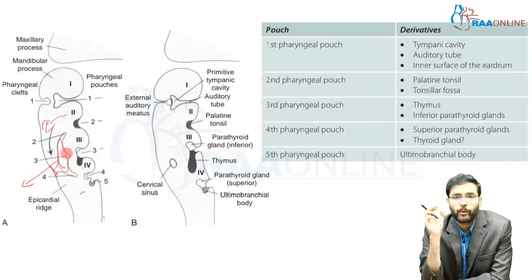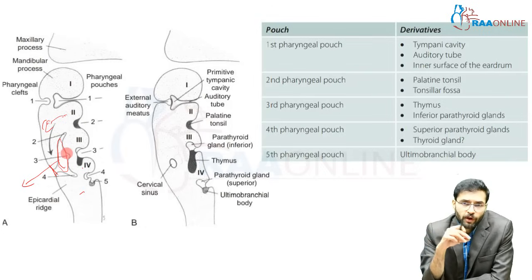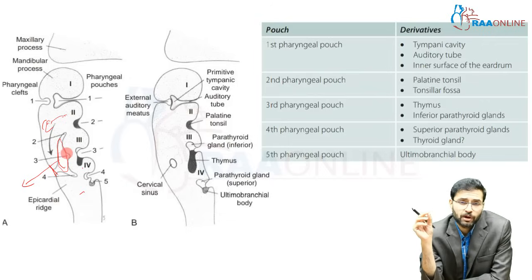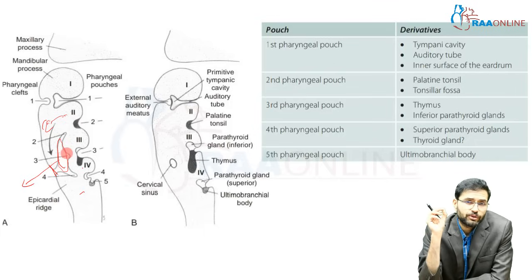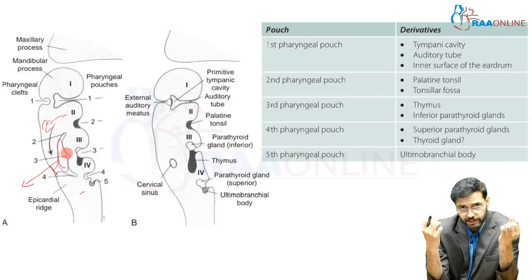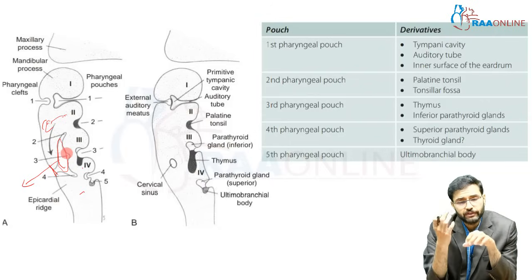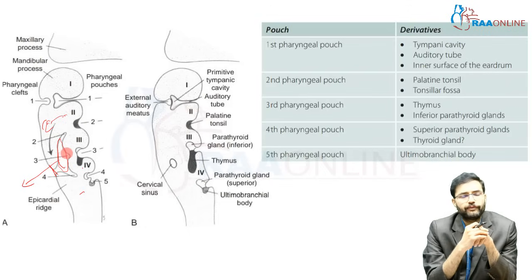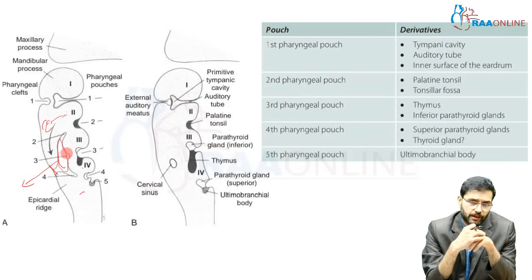This dorsal wing of the first pharyngeal pouch, along with the dorsal component of the second pharyngeal pouch, forms a diverticulum called the tubotympanic recess. This tubotympanic recess has a distal end and a proximal end. The distal end elongates and forms the medulla. The other end forms the auditory canal, also called the eustachian tube.